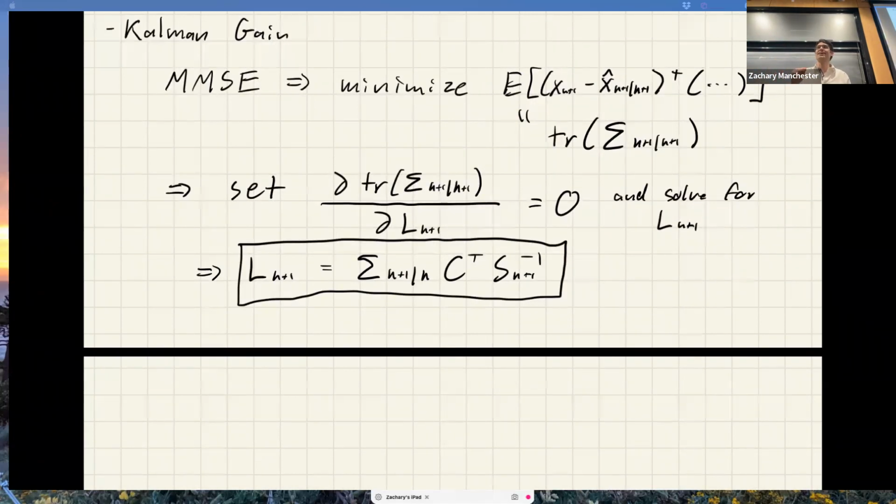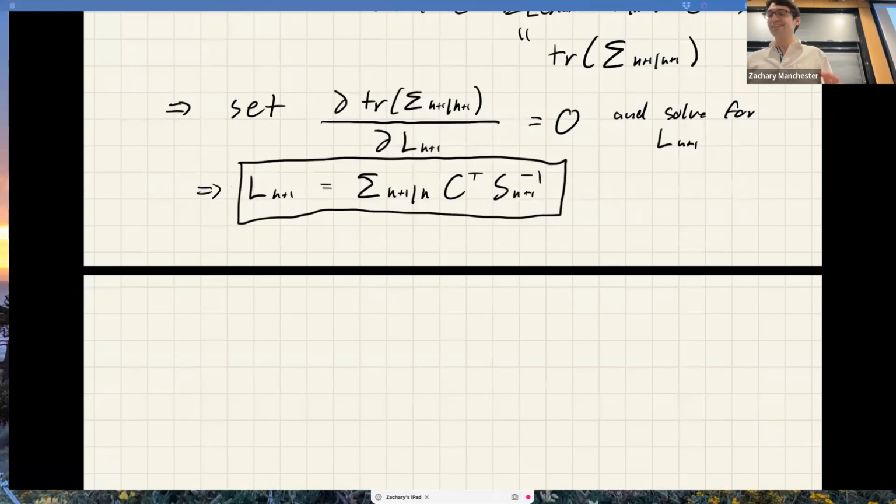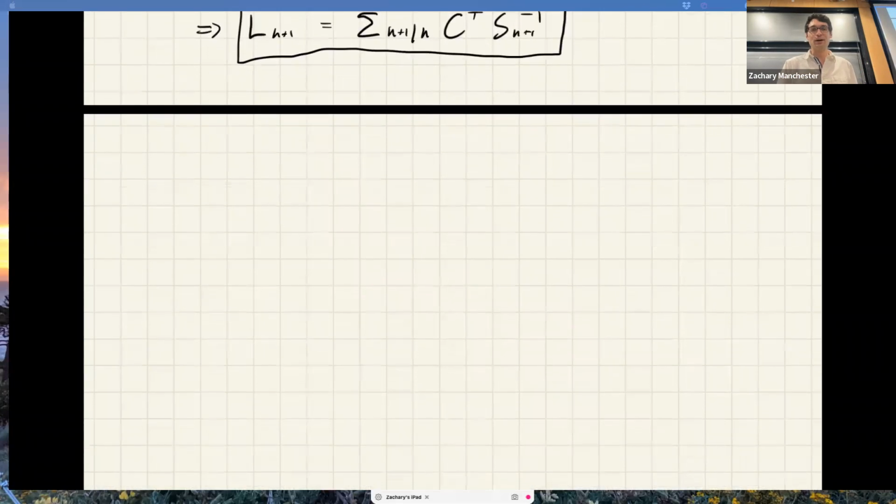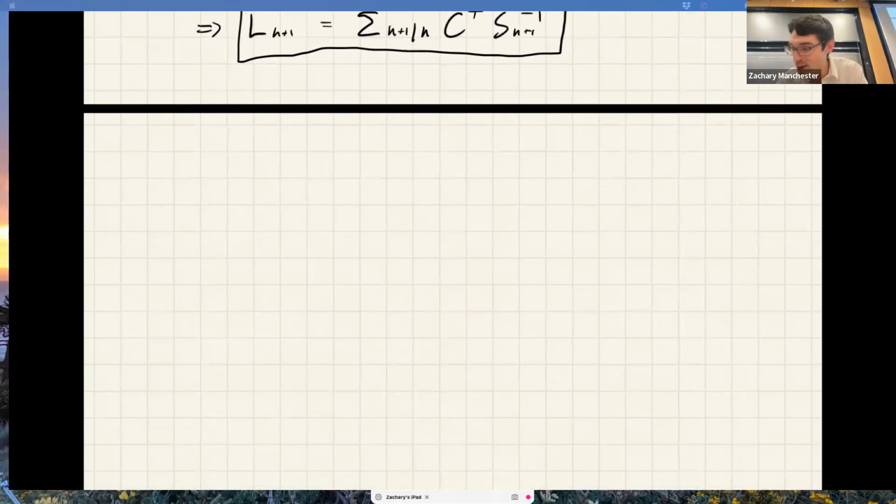That's super slick. You can basically draw a bunch of pictures and get this result geometrically, which is super cool and beautiful. There are many ways to get at this, but if you care, those are really worth checking out. That book by Thomas Kailath is one of the most beautiful books on any topic, I would say. It's really good.